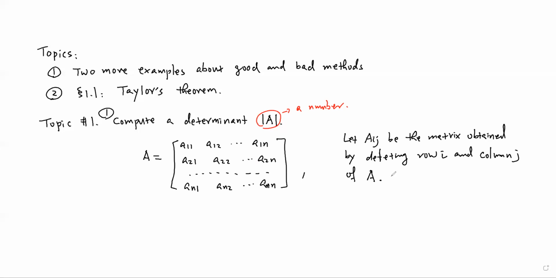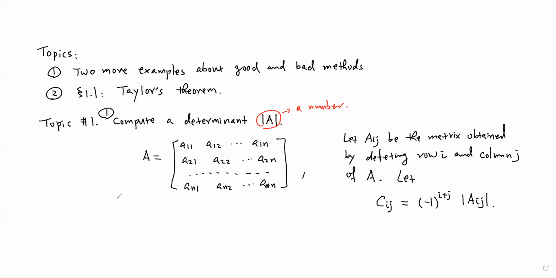And then I let Cij denote this number, negative 1 to the i plus j, then determinant Aij.